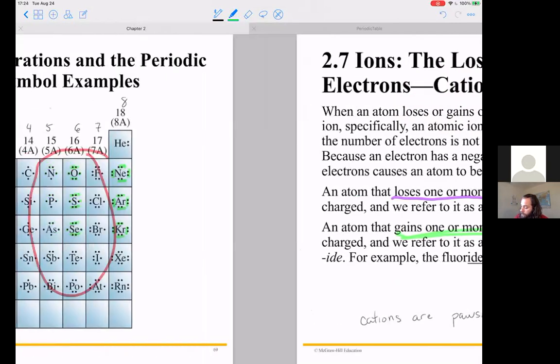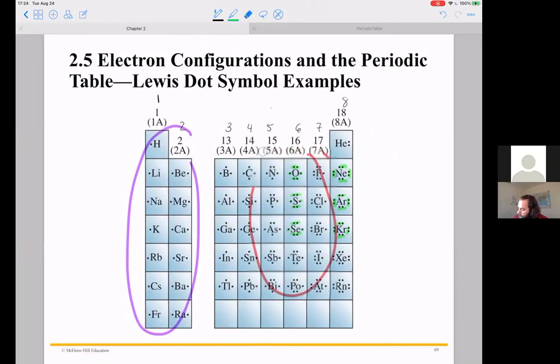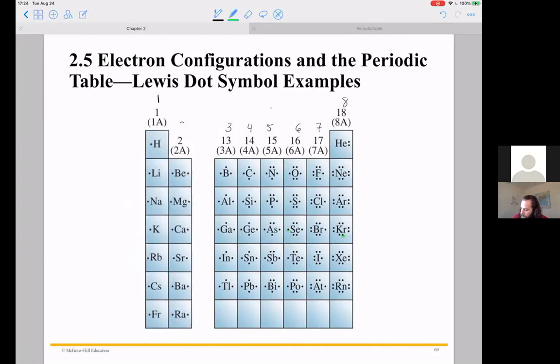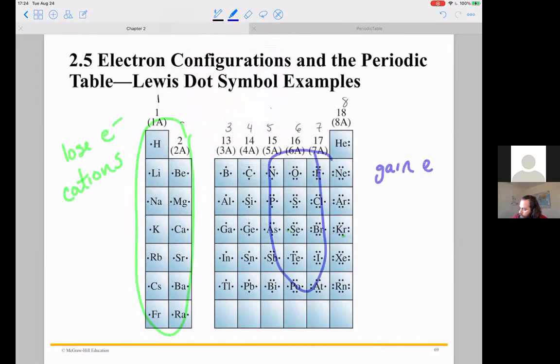So going back over here, these elements will lose electrons and thus become cations. These elements will gain electrons and thus become anions.